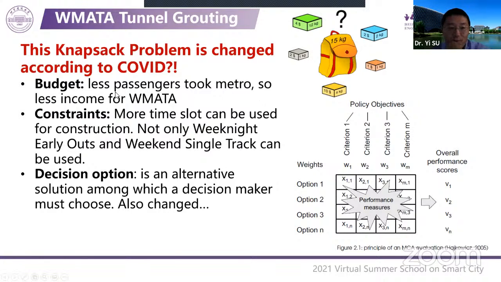The budget constraint changed because fewer passengers took Metro last year, so less income for WMATA. Also, more time slots can be used for construction because of fewer passengers. Not only the two calendars I mentioned can be used. So it's an alternative solution among which a decision maker must choose. This also changed because of the constraints.